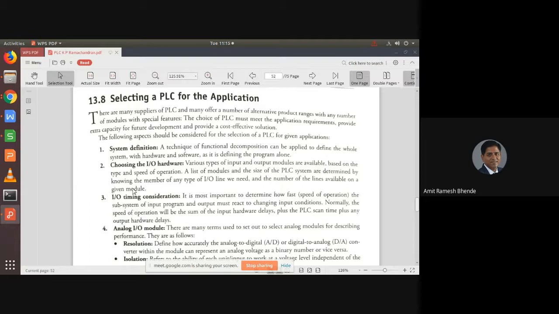Whenever you are selecting the PLC controller, you must select the PLC which has more than 9 input ports, because the PLC is defined by the number of input ports and output ports which can be handled by that controller. So in your application, if there are 9 input devices, then you must select the PLC which has more than 9 input ports in it, right?